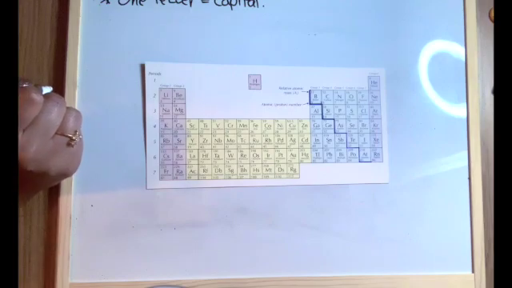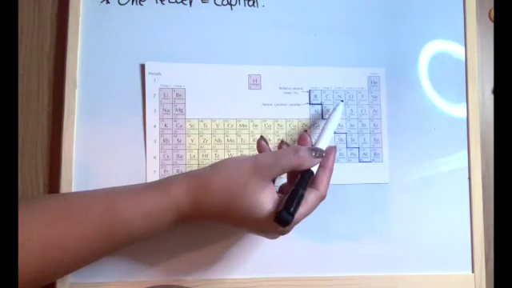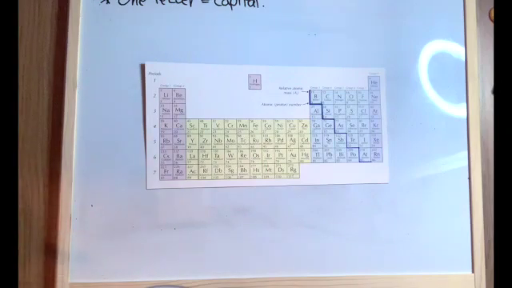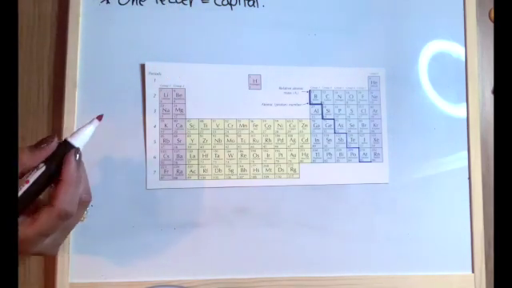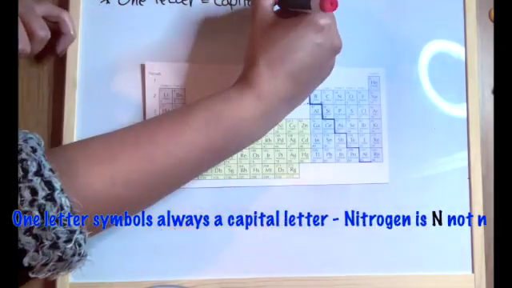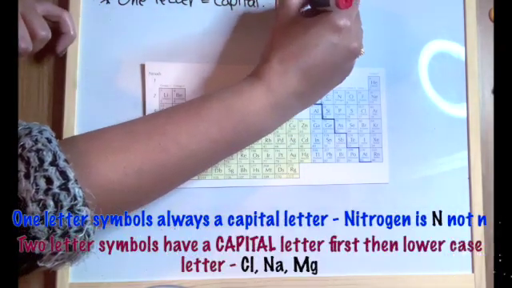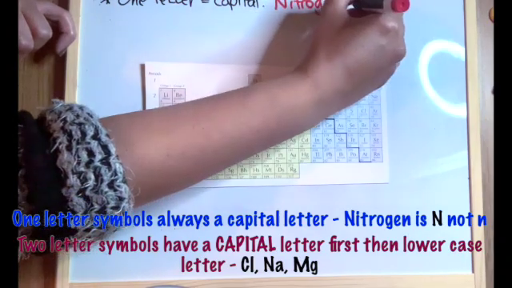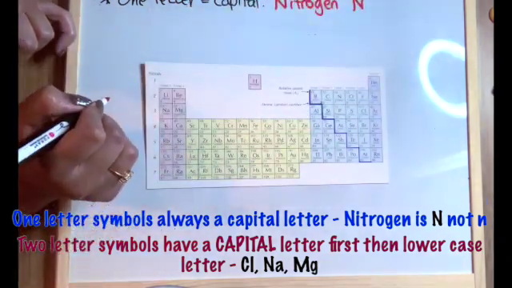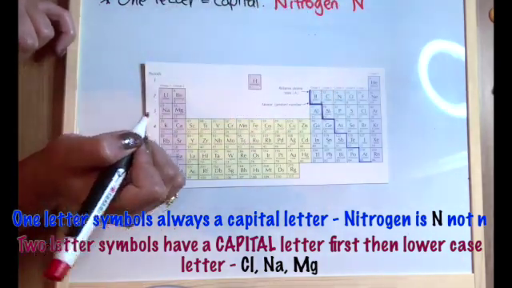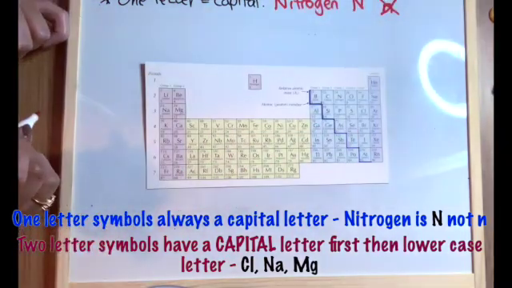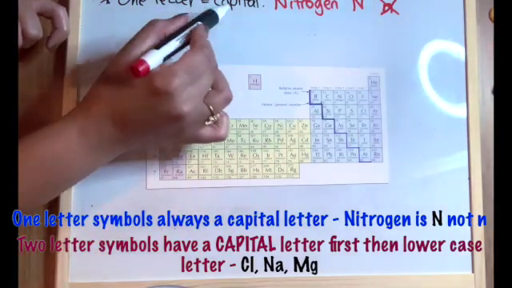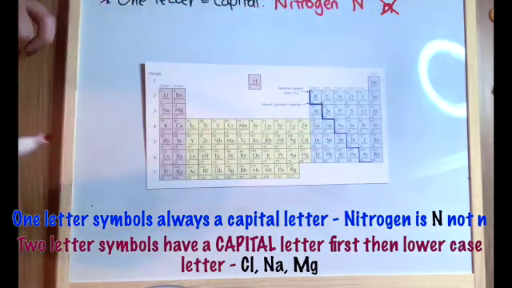So what I mean by that is, if we look at nitrogen, nitrogen has the chemical symbol N. But if you write it, it has to be written as a capital N. If you wrote the symbol for nitrogen as a lowercase n, that would be incorrect. So it's important that we understand the significance of the capital letter.